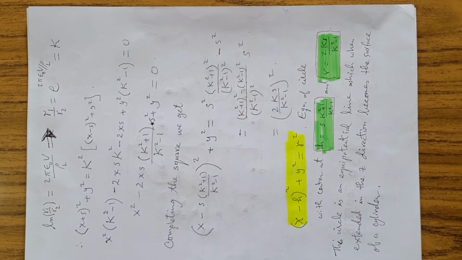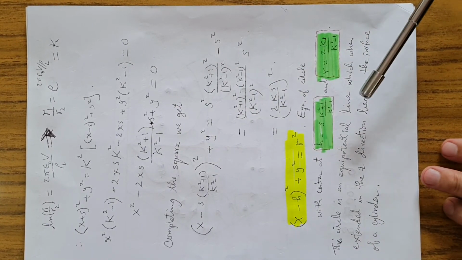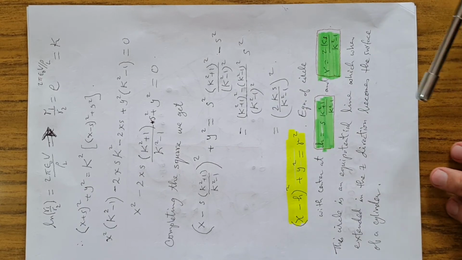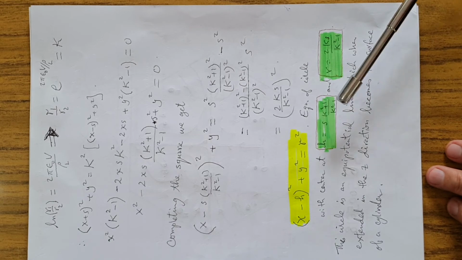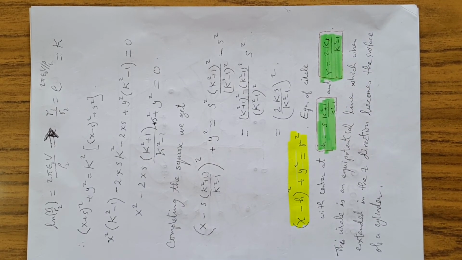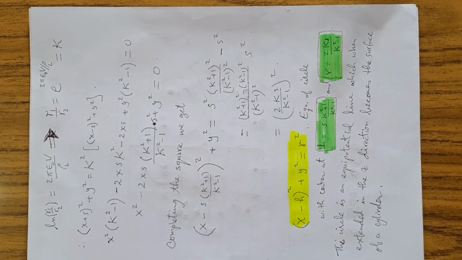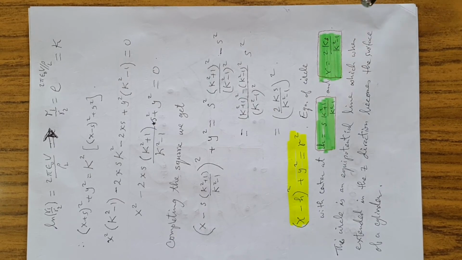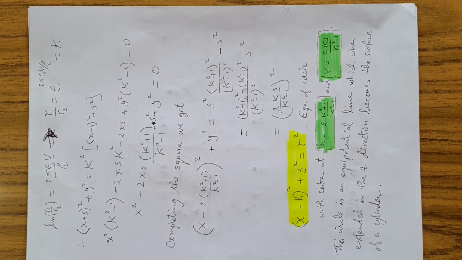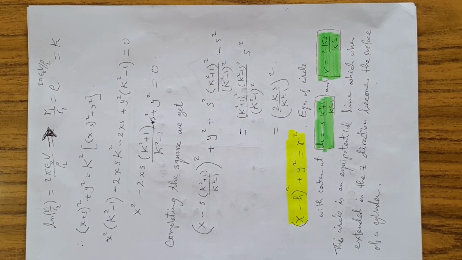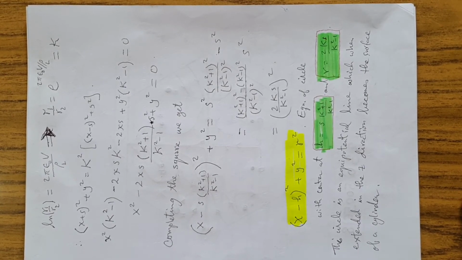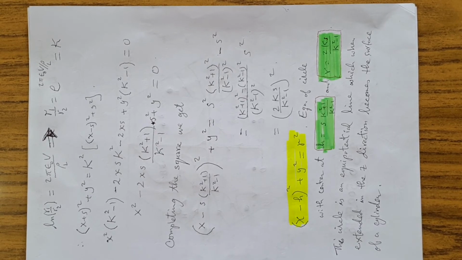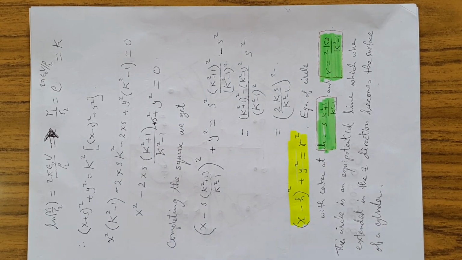This is the equation of a circle, where h is the center, on the x-axis, equal to s times k squared plus 1 over k squared minus 1, and the radius of the circle r is 2ks over k squared minus 1. This circle is an equipotential line, which when extended in the z direction becomes the surface of a cylinder. It's an equipotential surface of a conducting cylinder.